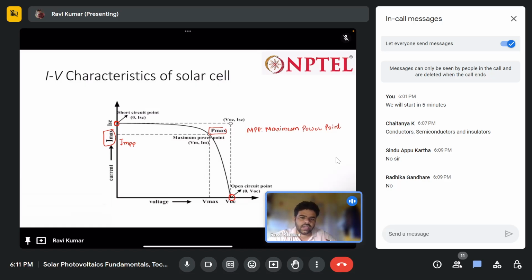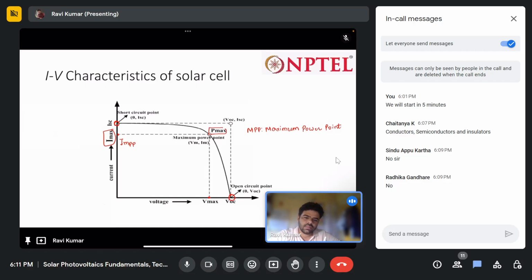So it is a point on the IV curve at which we can extract the maximum power from a solar cell. Corresponding to this point, we have IMPP, the current at the Pmax point, and this is Vmax, the voltage at the Pmax point.